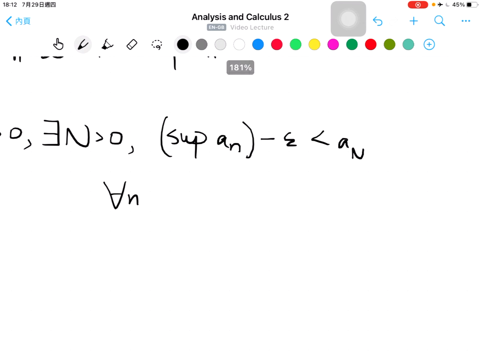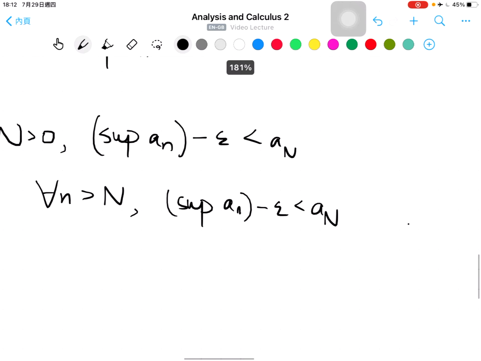For all n larger than this capital N, we can conclude that the supremum of the sequence a_n minus epsilon is smaller than a_N, which is exactly the same as the thing above.